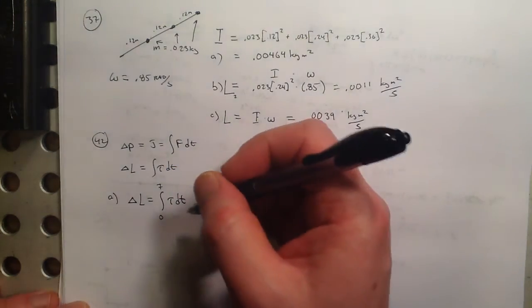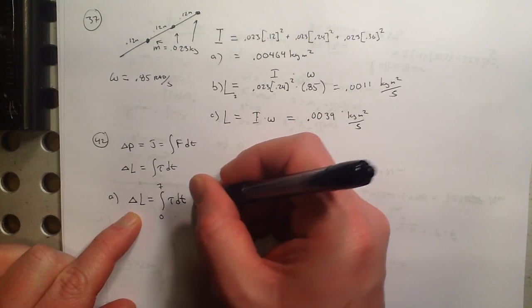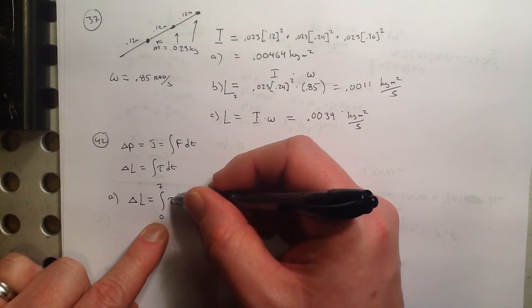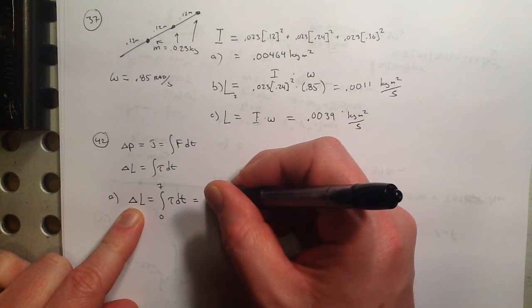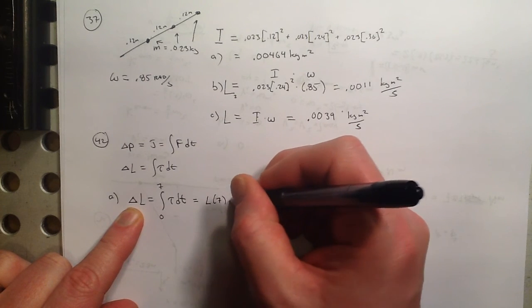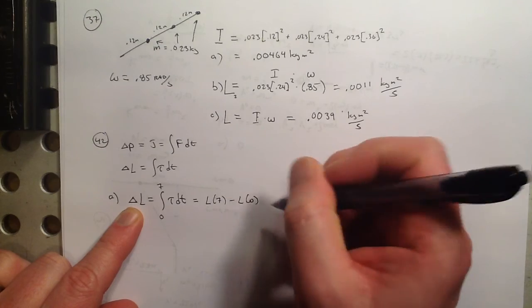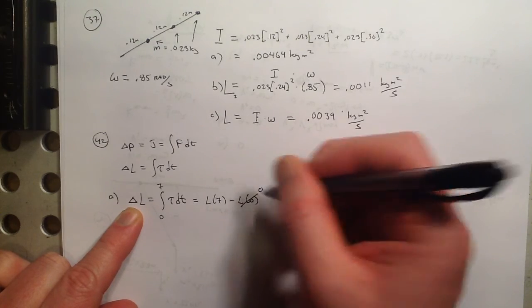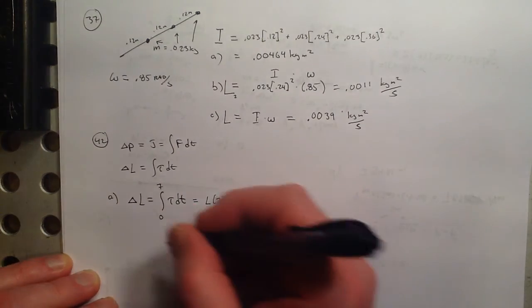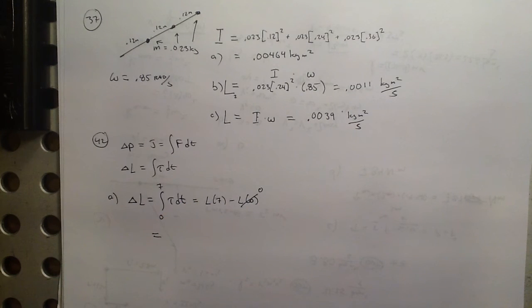The antiderivative here is L, so that's angular momentum at time 7 minus angular momentum at time 0, but they told us it starts from rest, so this is 0. So we just need to find that area, and we do that by looking at the graph.